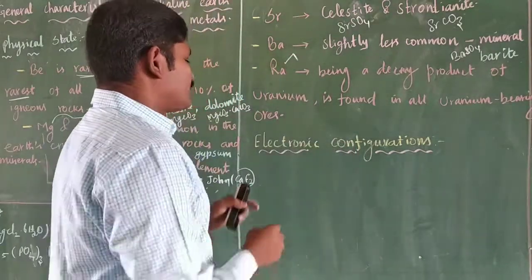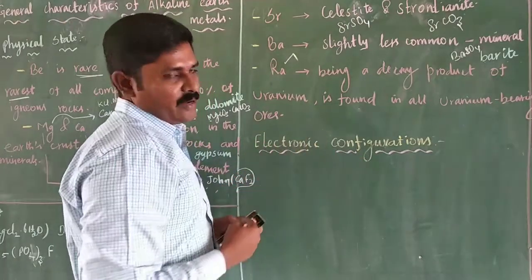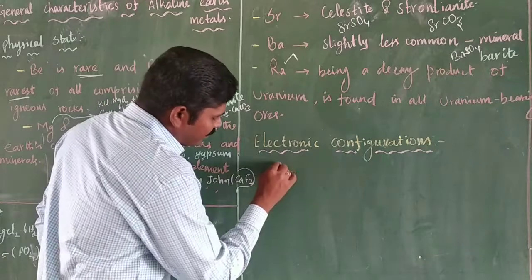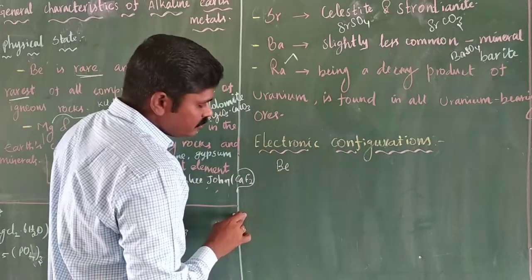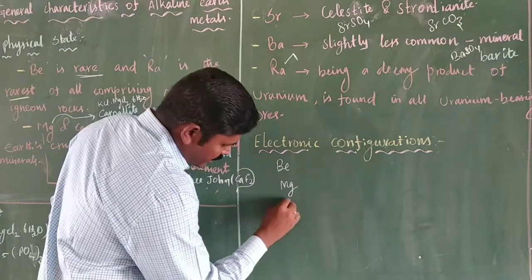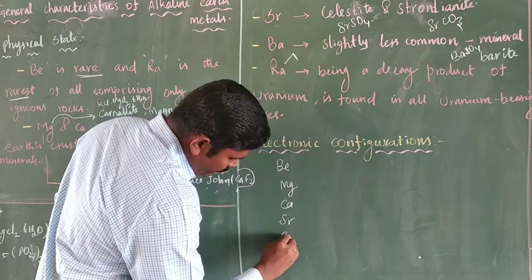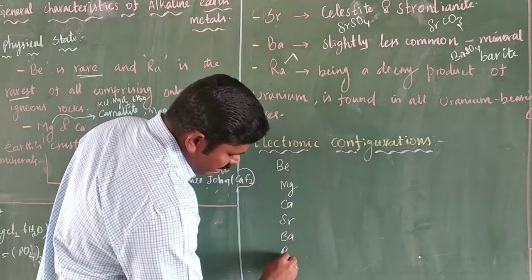Right? So the next one is the electronic configuration of alkaline earth metals: beryllium, magnesium, calcium, strontium, barium, radium.